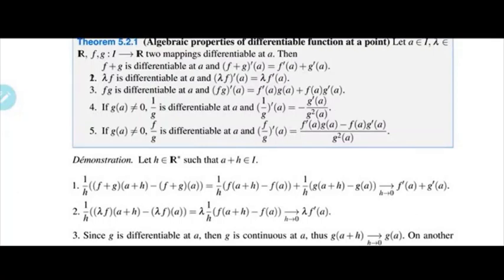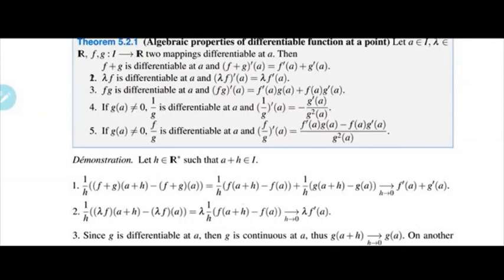So to prove that this is true, we need to show that if you apply the rate of change to the function f plus g, we will obtain f prime of a plus g prime of a. So we will calculate the limit of the ratio, f plus g of a plus h minus f plus g of a over h, which will be f prime a plus g prime a.